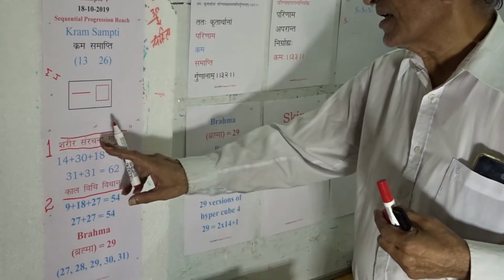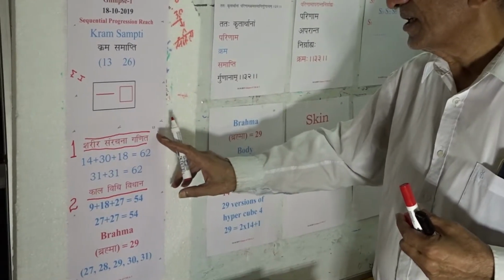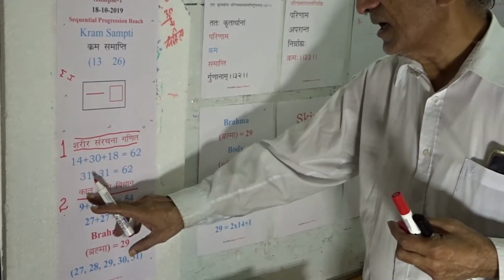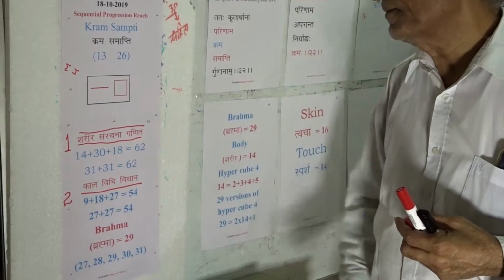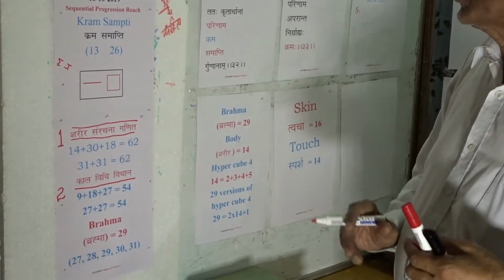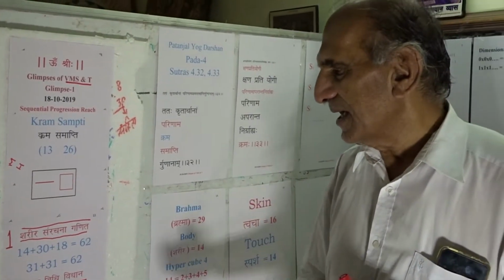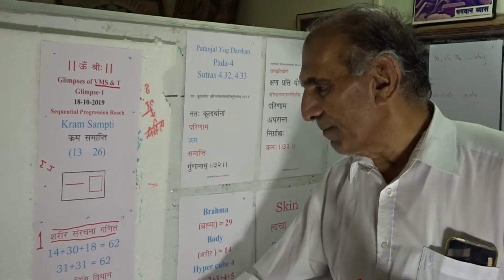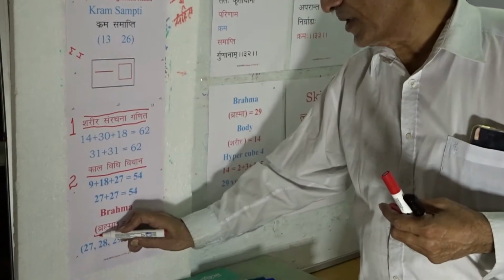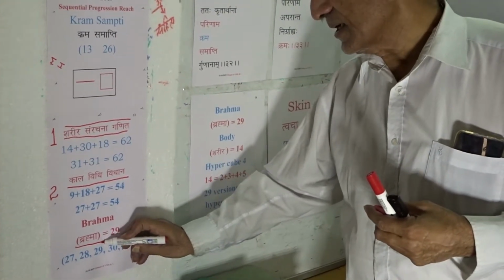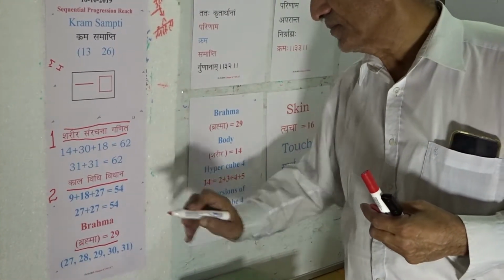Sharir Sanrachana Ganit, in the light of Kal, Vidhi, Vidhan, is going to be the ultimate test, and for it Brahma, creator, the supreme, is going to be the regulator.